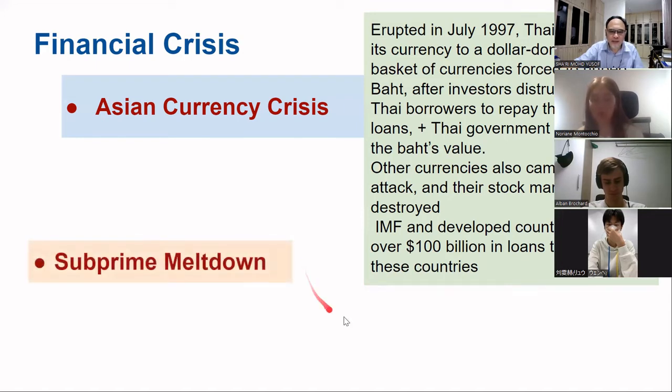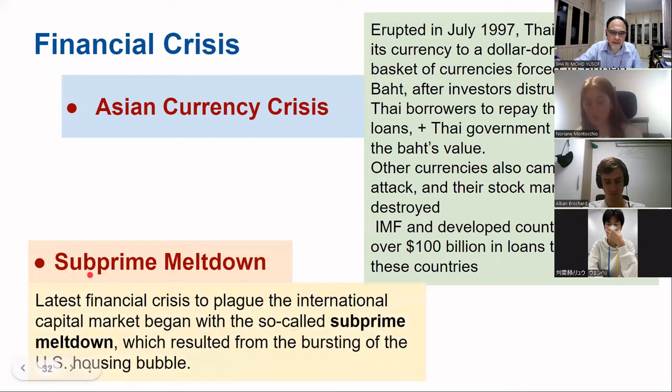And not the latest, but the other one is the subprime meltdown. This is the latest financial crisis, where the bursting of the US housing market, the housing bubble, the subprime meltdown, meant they have to sell off their debts.